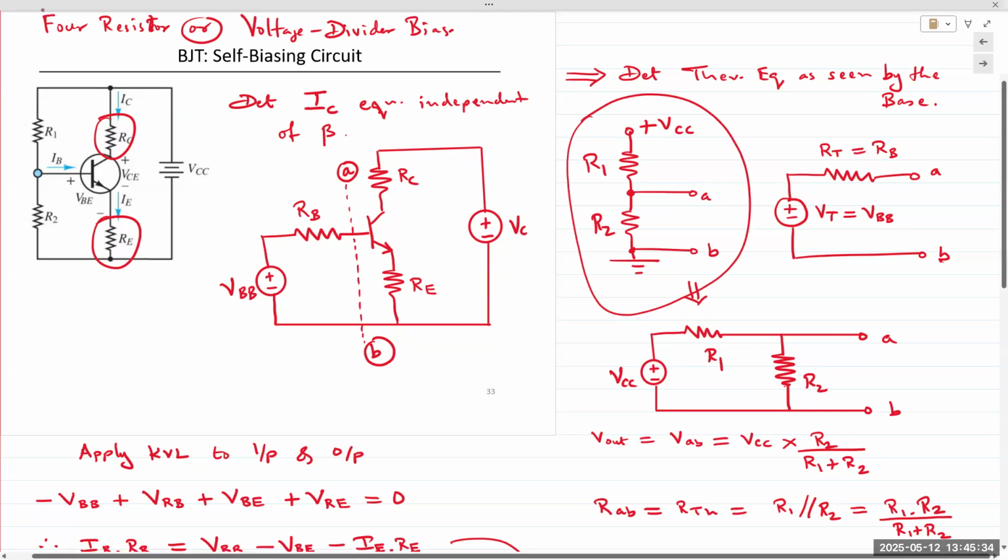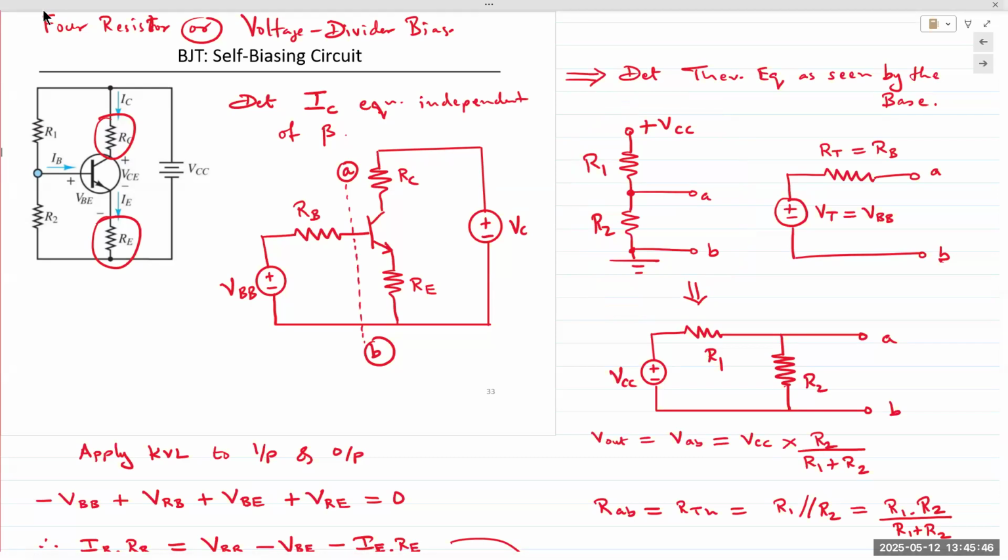R1 and R2 create a voltage divider network. When you apply VCC, the actual voltage being applied to the base depends on the value of R1 and R2. Those are the resistors connected at the base, which is also the circuit that we performed in the lab.